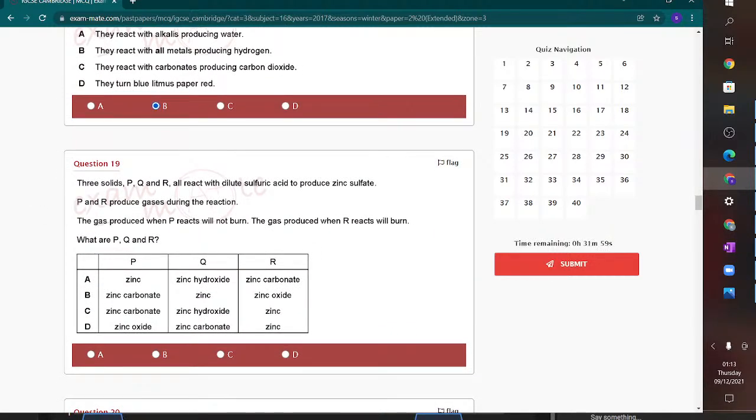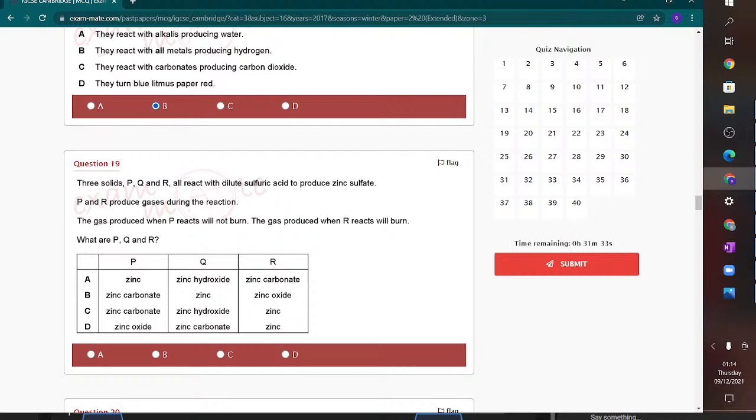Three solids P, Q, R react with sulfuric acid to produce a sulfate. P and R produce gases during the reaction. The gas produced when P reacts will not burn. The gas produced when R reacts will burn.